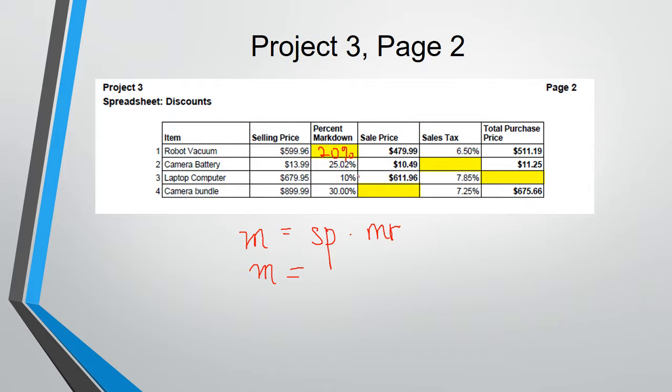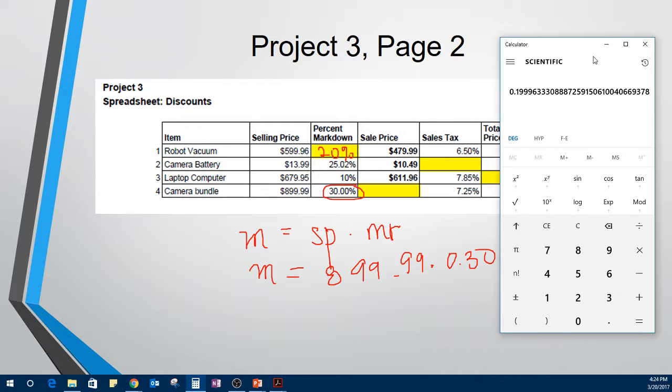If you remember, we want to convert that into a percentage. So we have $899.99 times 30%, which is 0.3. So we're going to take a calculator. We're going to do 899.99 times 0.3. So we get $269.90, basically $270.